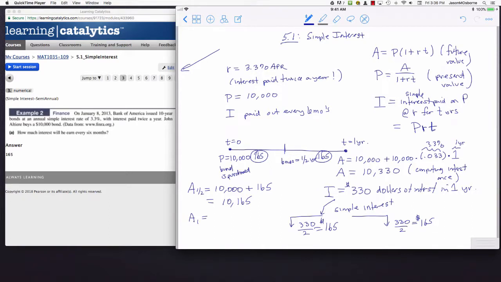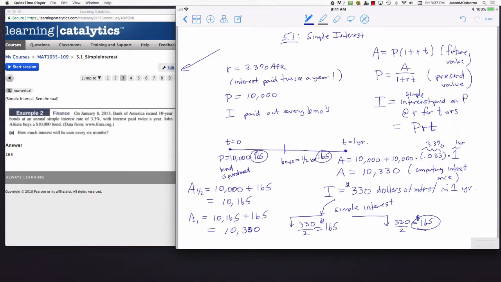After the full year, you have the $10,165 plus the other $165, for a total of $10,330. So the answer to this problem is that $165 is going to be paid out every 6 months, for a total of $330 for the whole year.